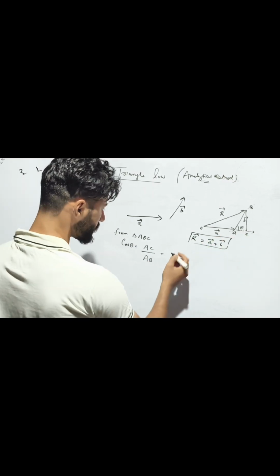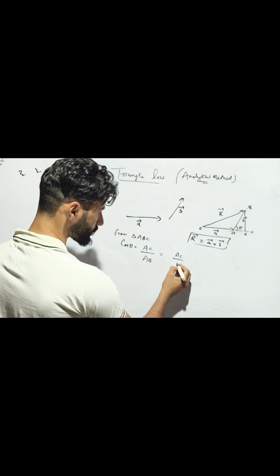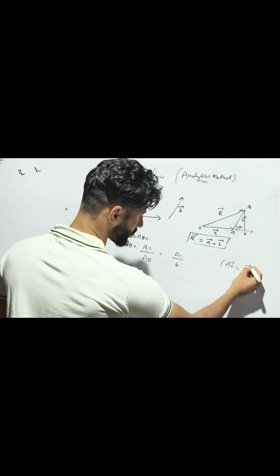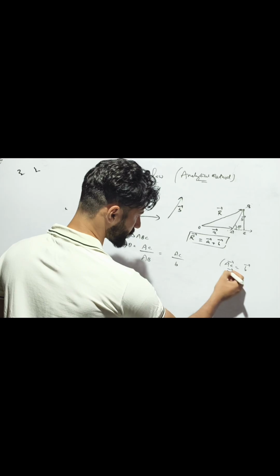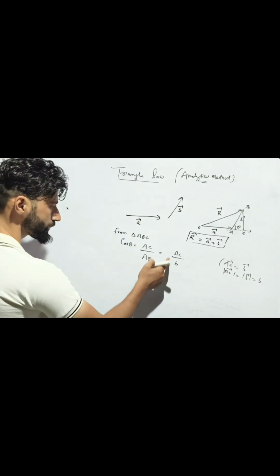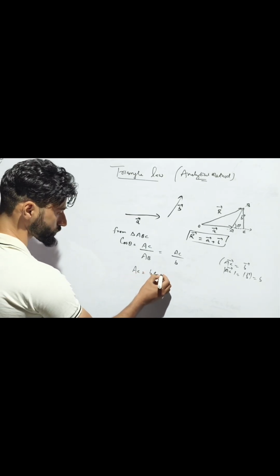Since AB is equal to B, mod of AC is equal to B, so cos theta equals AC divided by B. So AC will be B cos theta.